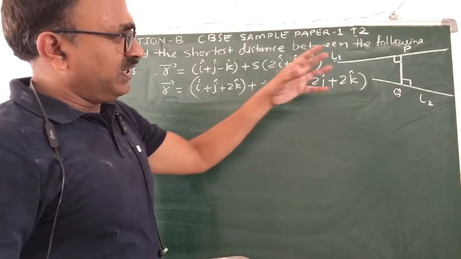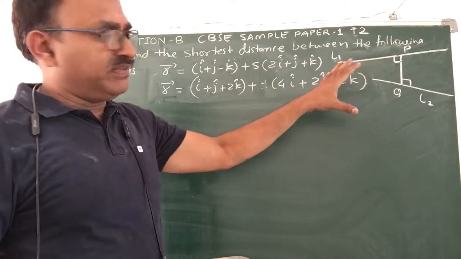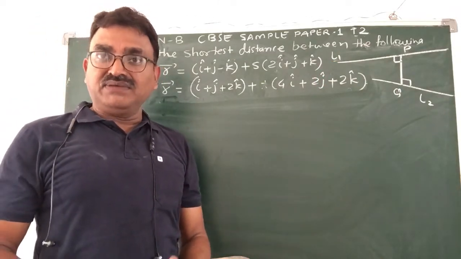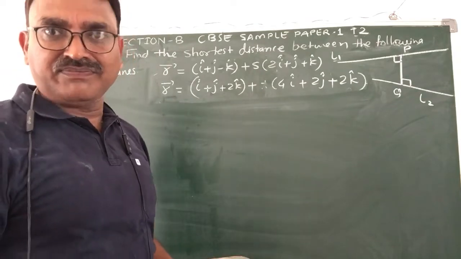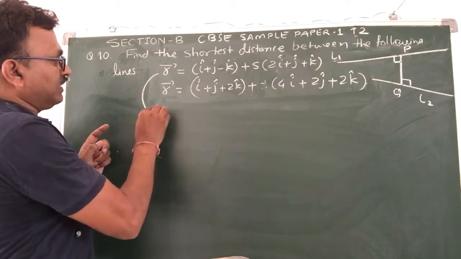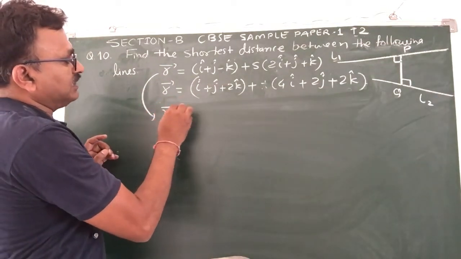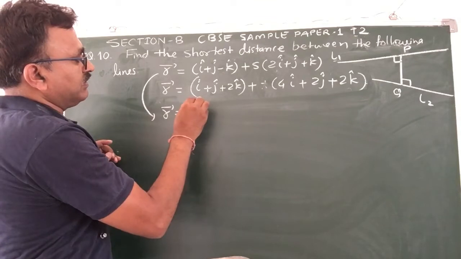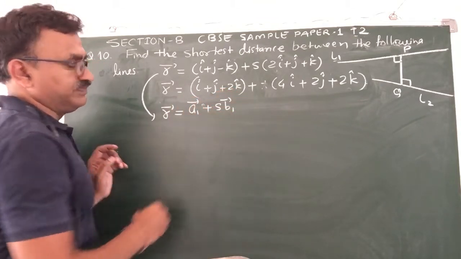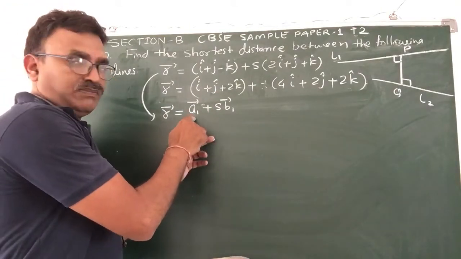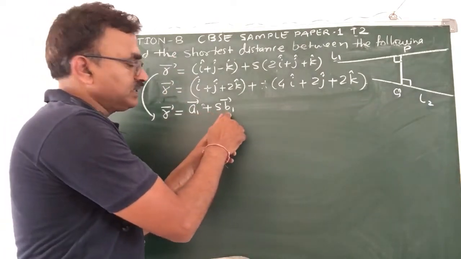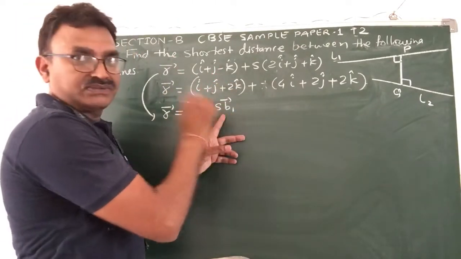We will not derive the formula, because we already know the formula for the distance between lines, whether they are parallel, not parallel, or skew. First we compare line 1 with vector r equals a1 vector plus s b1 vector, in which a1 is the position vector of a point of line 1, and b1 is a vector to which the line is parallel.